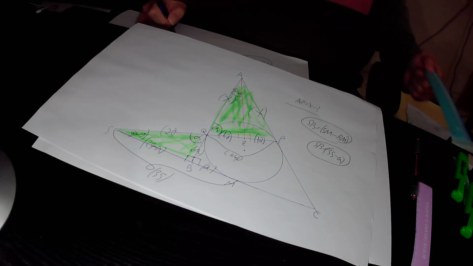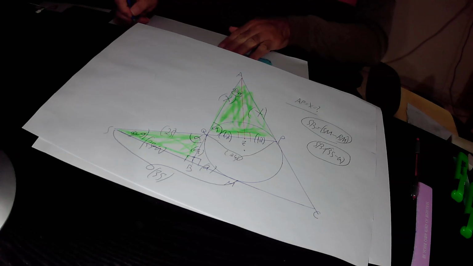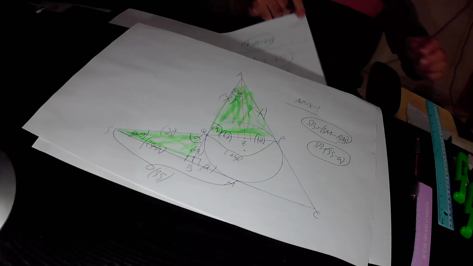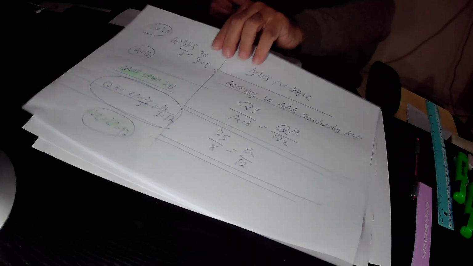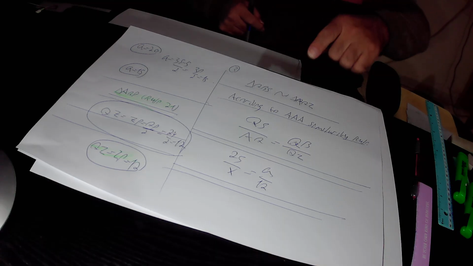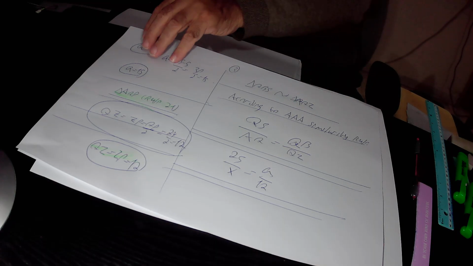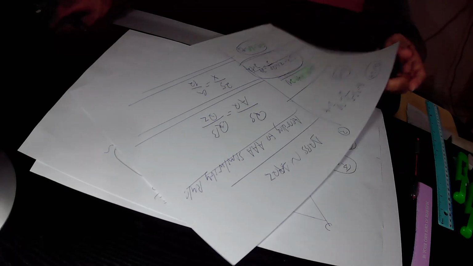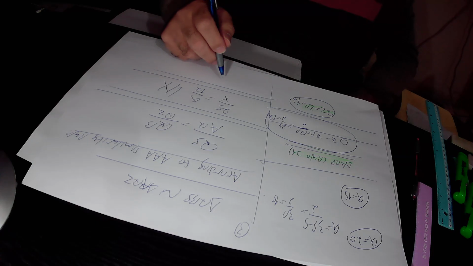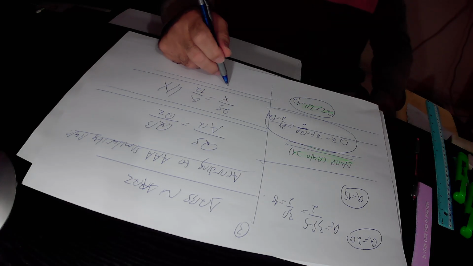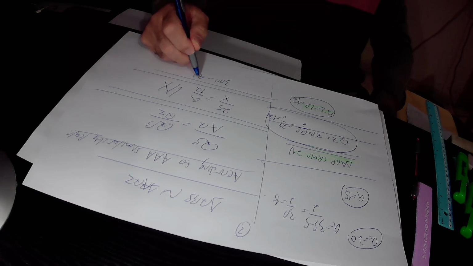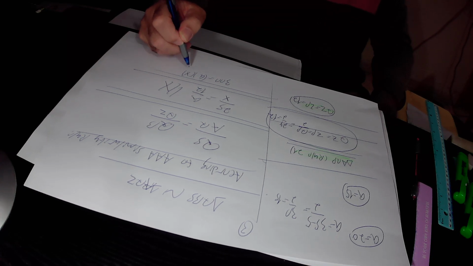So in total, we found out that 25 over X equals 8 over 12. Here we will multiply this equation crosswise. We get that 25 times 12, which is 300, equals 8 times X, or 8 times X equals 300.